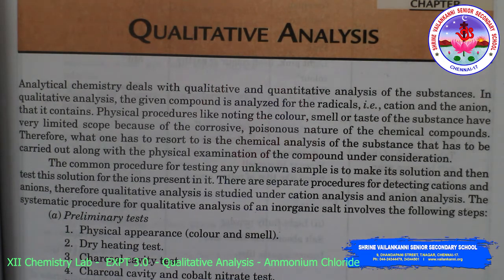Example, calcium ion. In calcium hydroxide, what is the part of the base? Calcium. Similarly, sodium ion is the part of the base sodium hydroxide. In magnesium sulfate, magnesium is the basic radical.